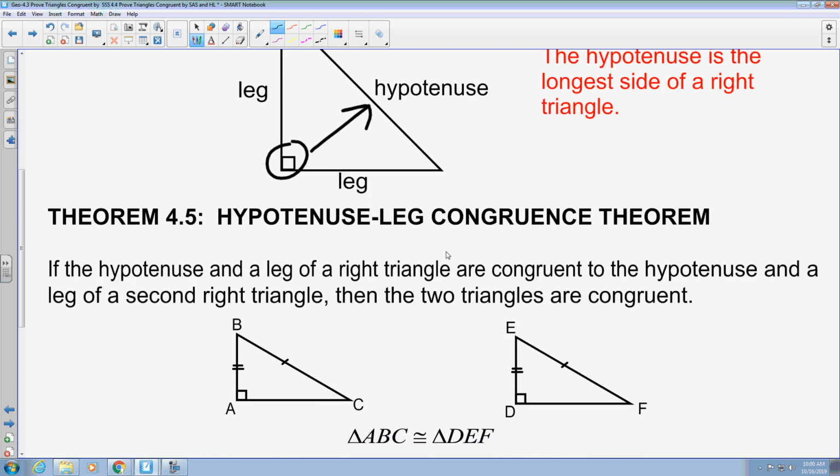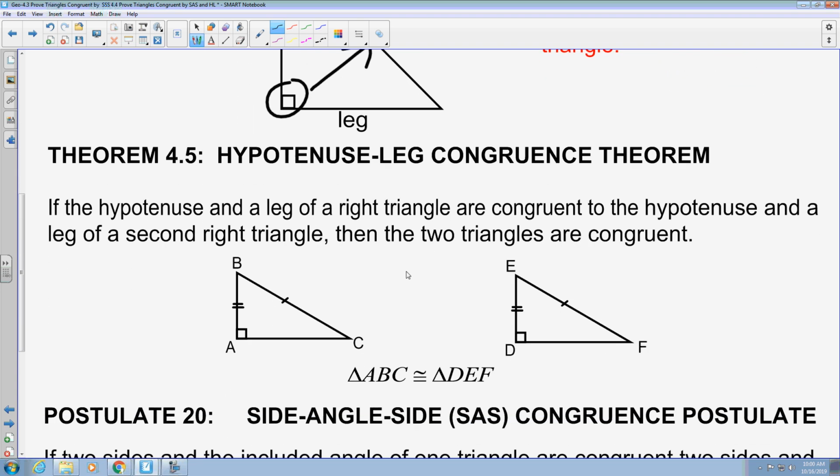Well, we have a theorem that is going to allow us to determine if two triangles are congruent, and it states that if the hypotenuse and a leg of a right triangle are congruent to the hypotenuse and a leg of a second triangle, then the two triangles are congruent.